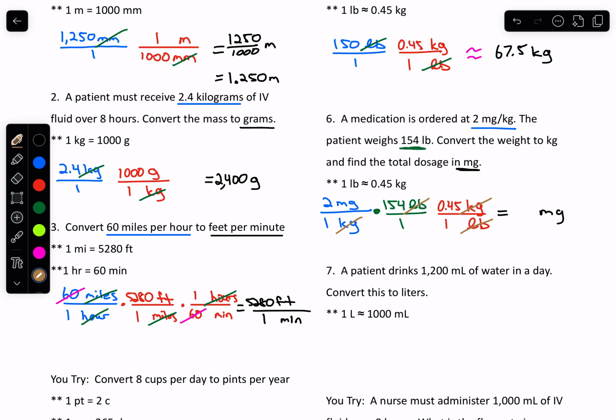So within this, we can go ahead and find out how many milligrams are necessary, where notice we have to multiply numbers on top, but on bottom we just have a denominator of 1. So all these denominators are just 1, so all I have to do is multiply 2 times 154 times 0.45.